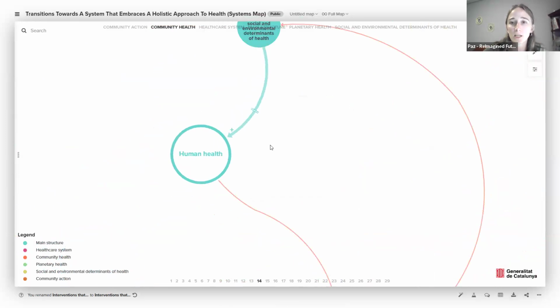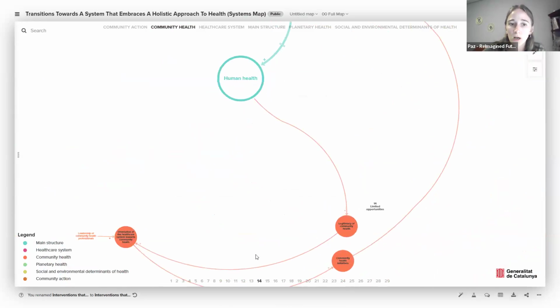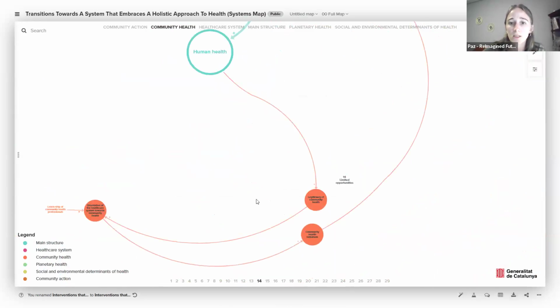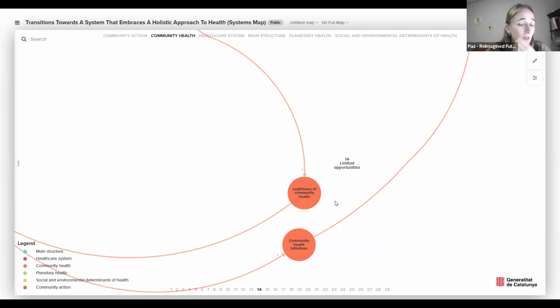And this reinforces the biomedical approach because there's a lack of legitimacy of community health. Because this approach doesn't get developed, it doesn't get evidence that it works and has positive impacts on health.